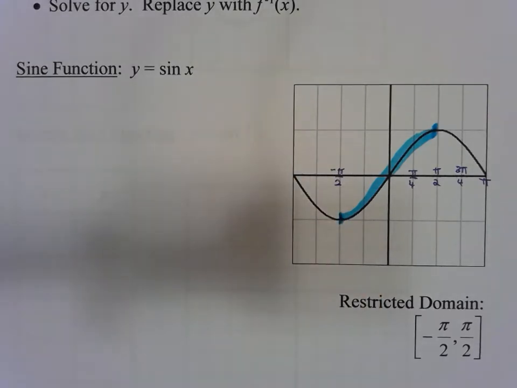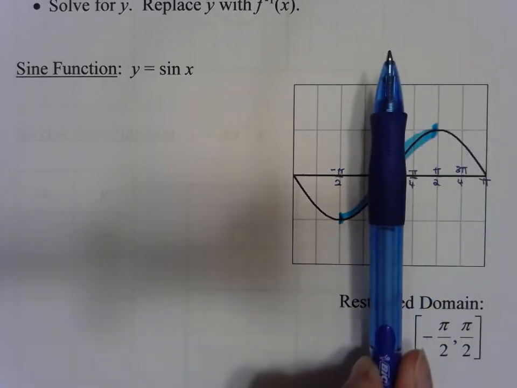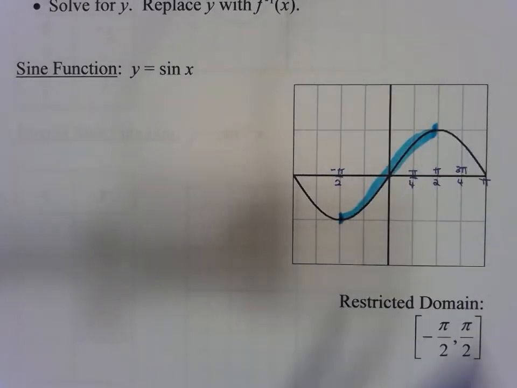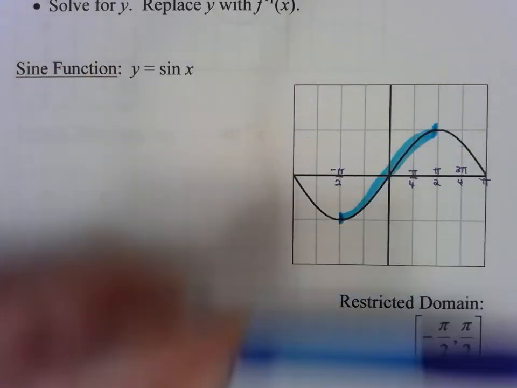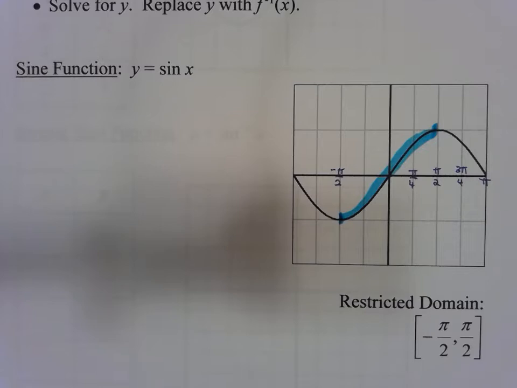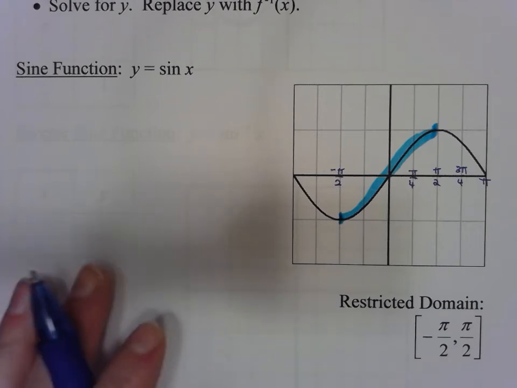If we consider just that piece, not the whole oscillating curve, now we can ask those same two questions. Does it pass the vertical line test? Definitely. Now that we've restricted the domain, does it pass the horizontal line test? Yes, it does. So if I just take this little piece of the sine function, I can say it's one-to-one. That's really the starting point.